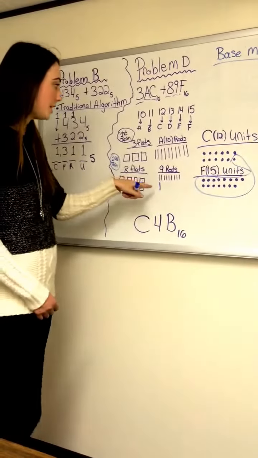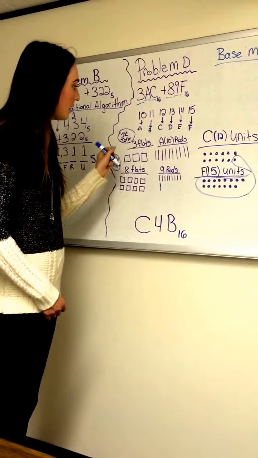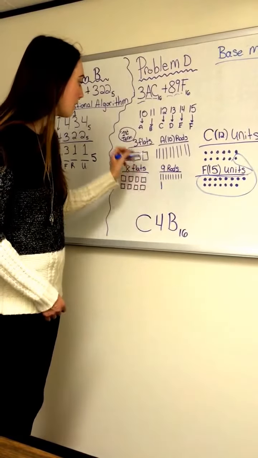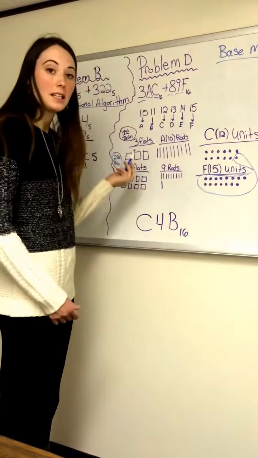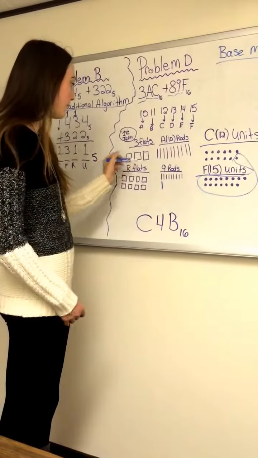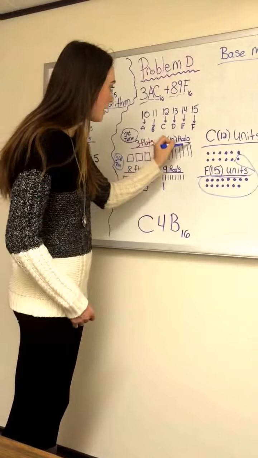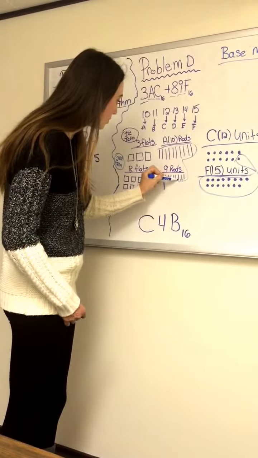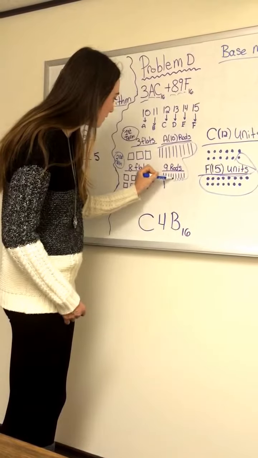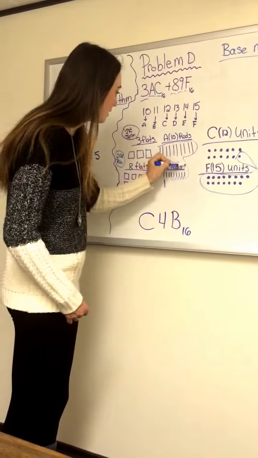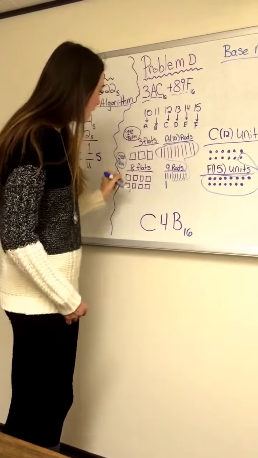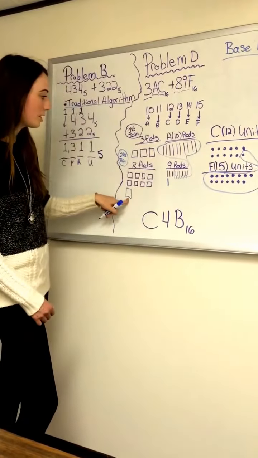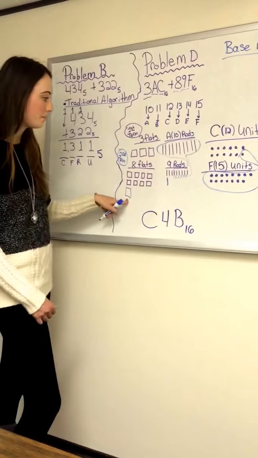So now over here we have 10 and another 10, but we only need 16 to trade in for a flat. So we'll go 10, 11, 12, 13, 14, 15, 16, and we'll trade that in for a flat, which I put over here. So we traded this for a flat.